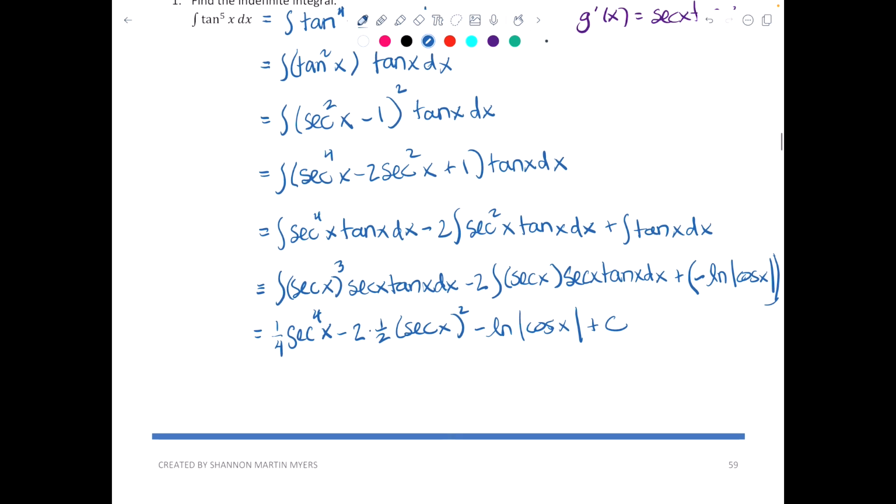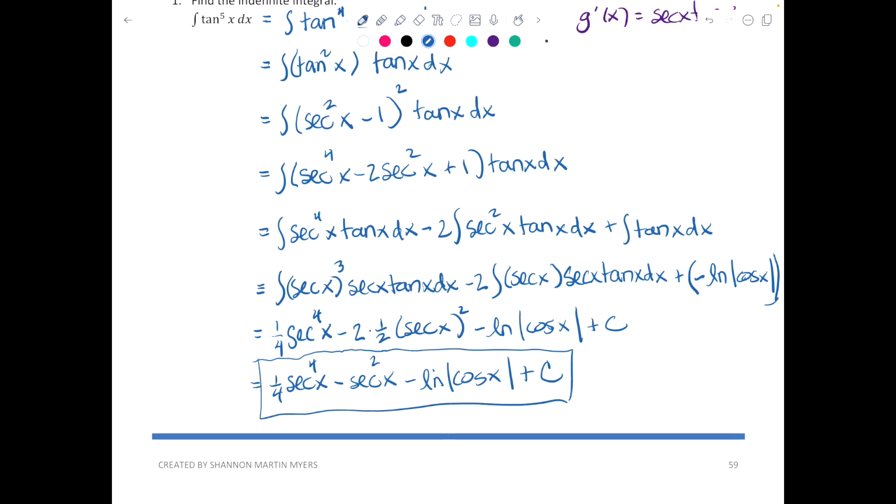Cleaning it up a bit, we'll have 1/4 times secant at x to the 4th minus secant squared at x minus natural log absolute cosine at x plus our constant of integration. Groovy? All right, here we go.